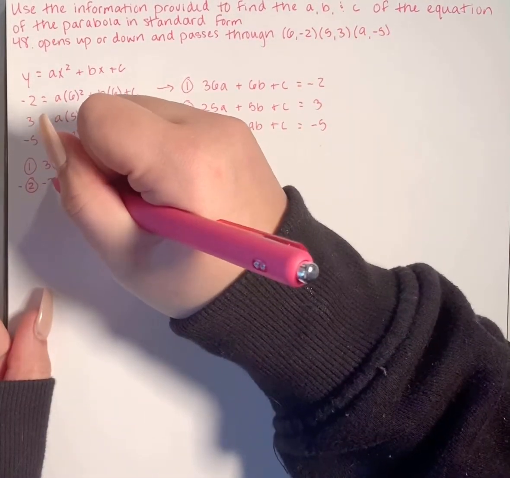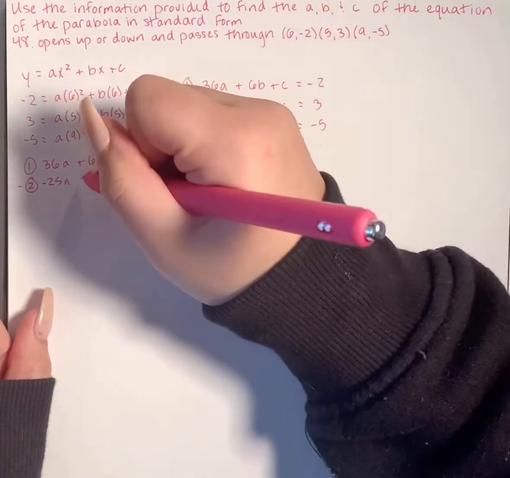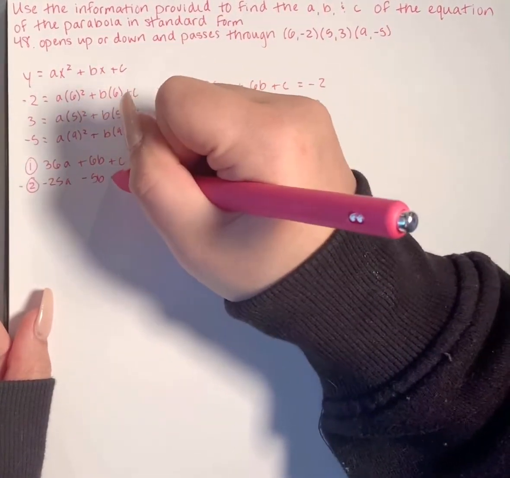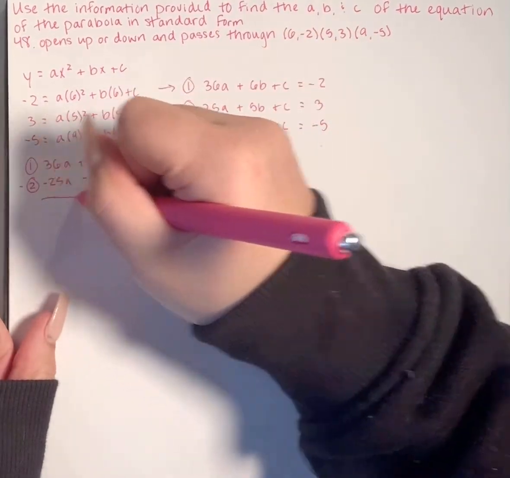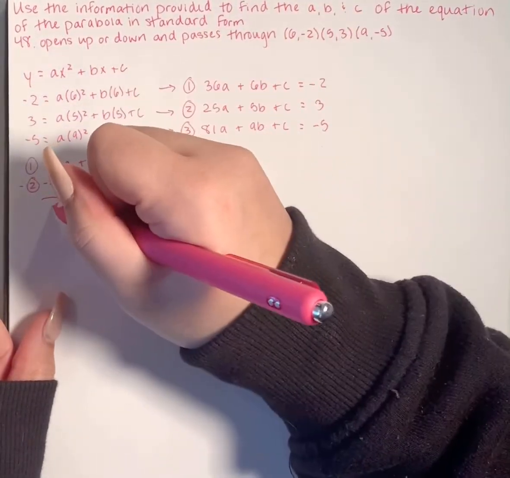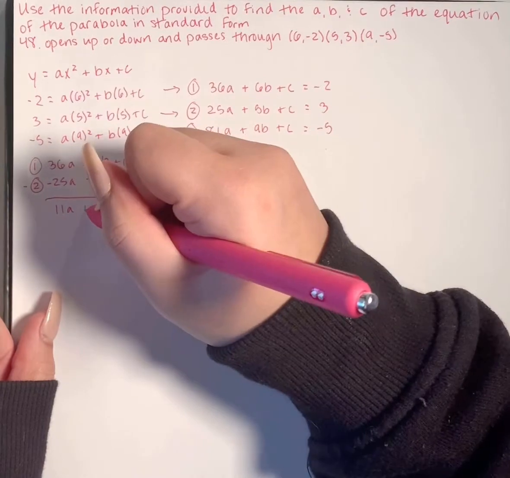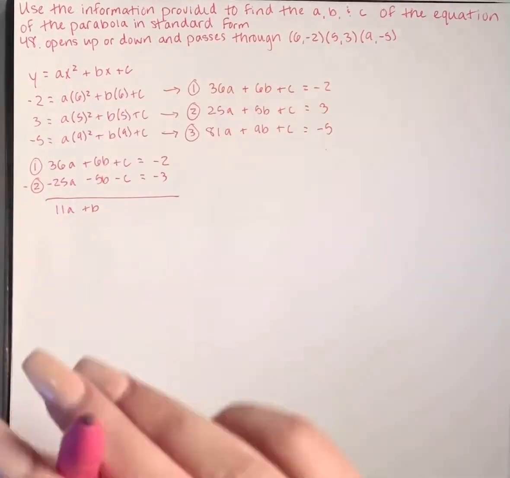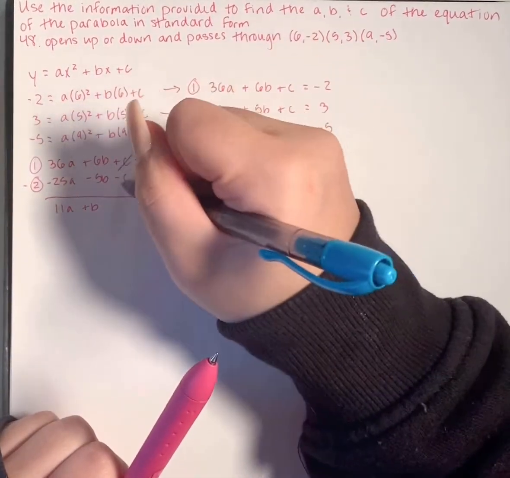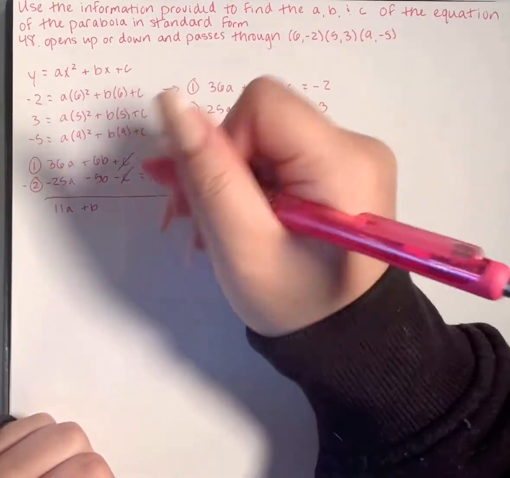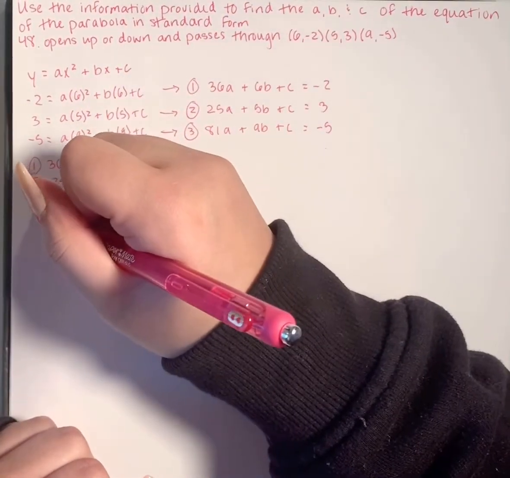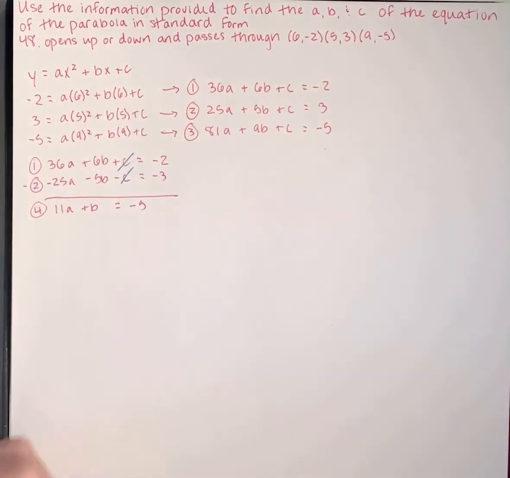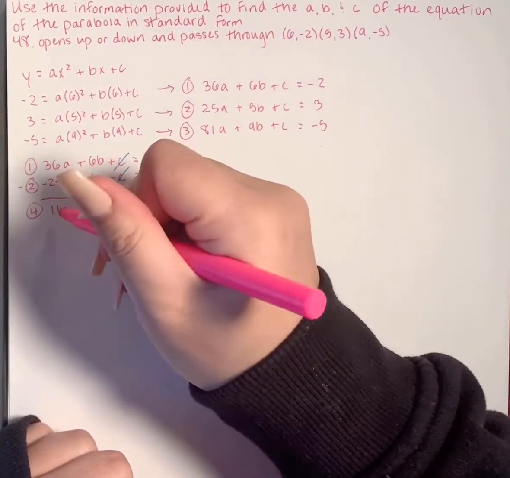So we're going to get -25a minus 5b minus c equals -3. And then we're going to subtract, so we get 11a plus b, and then our c's cancel out. So we get -5, and this is our equation number 4. We're going to highlight this, make sure we don't lose it.